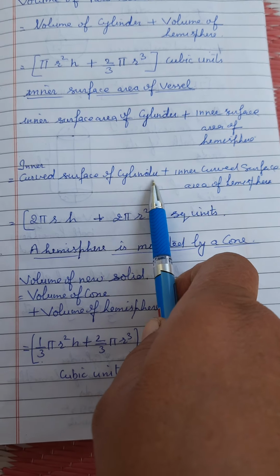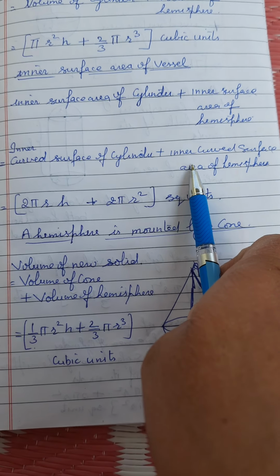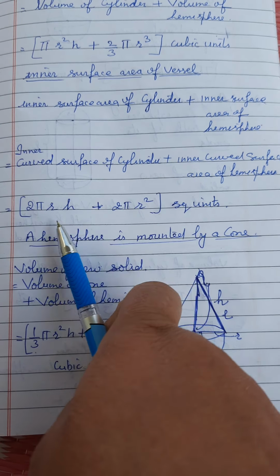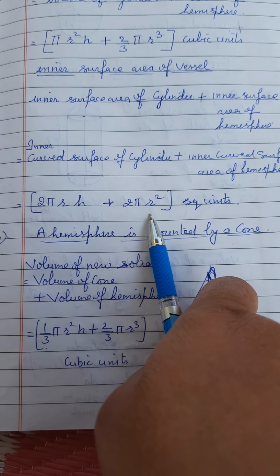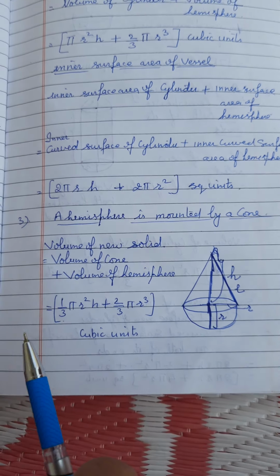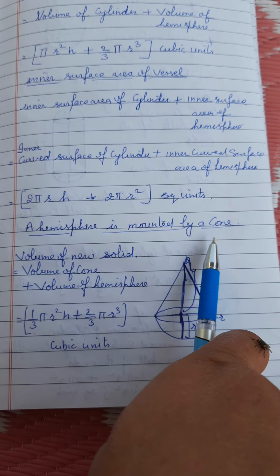Now inner curved surface area of cylinder is given by 2 pi r h plus inner curved surface area of hemisphere is given by 2 pi r square. From the sum of these two we will get the inner surface area of the vessel in square units.